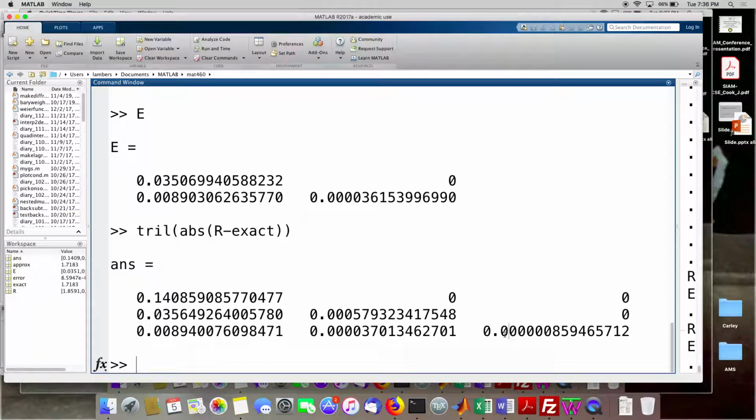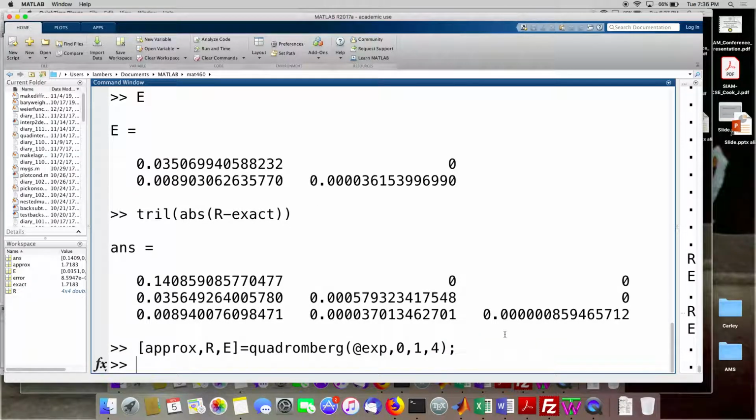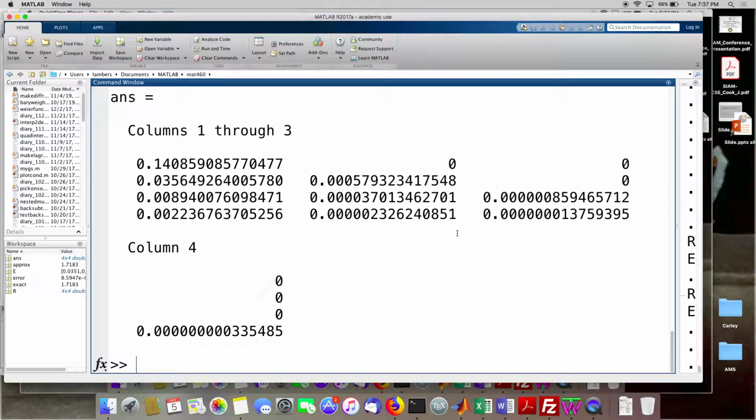Like if I do 4 rounds, then these top 9 entries were all the same, but I kept going. So here, notice the errors decreasing at an even greater rate. The ratio should be about 64, which is 2 to the 6. And look how accurate this is.